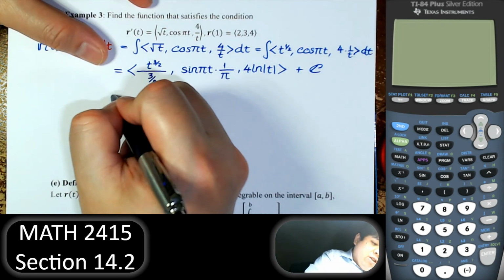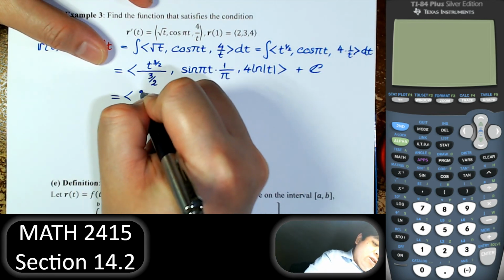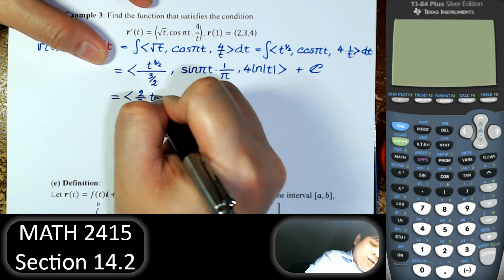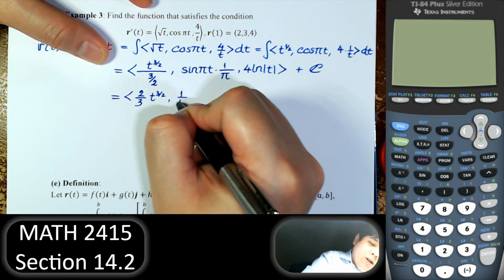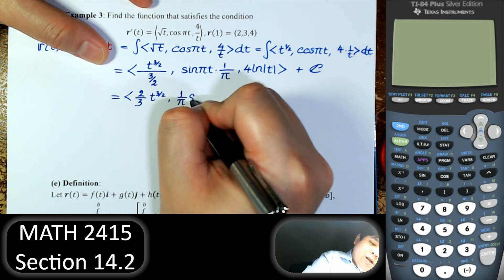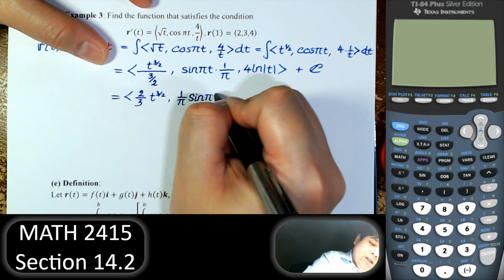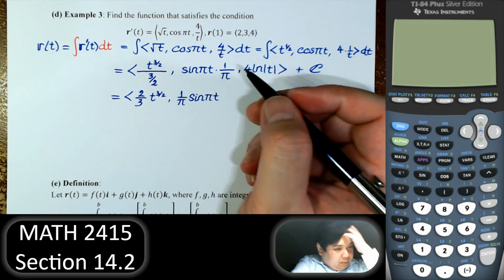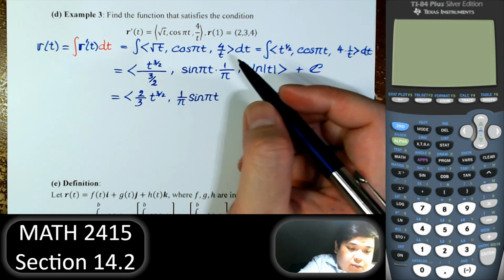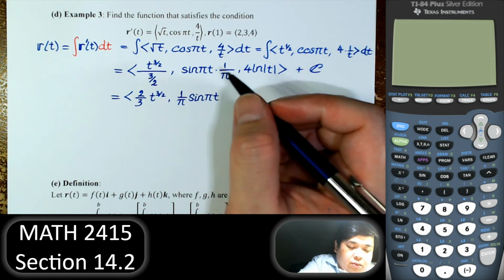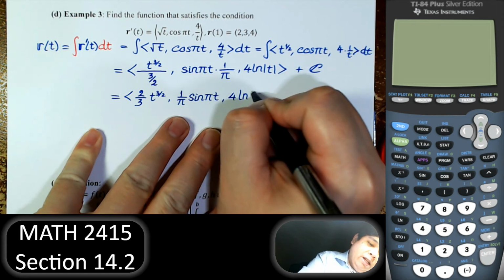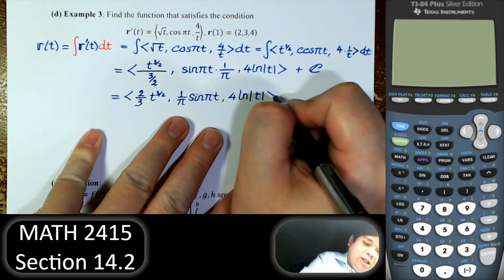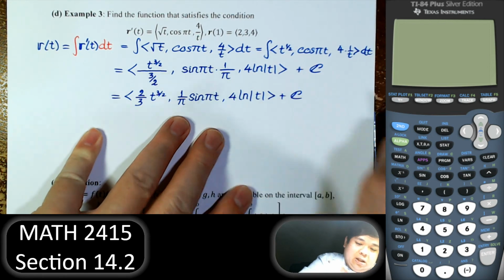Dividing by 3/2 is multiplying by 2/3. And I just write 1 over pi sine pi t, and then 4 ln of the absolute value of t, plus c.